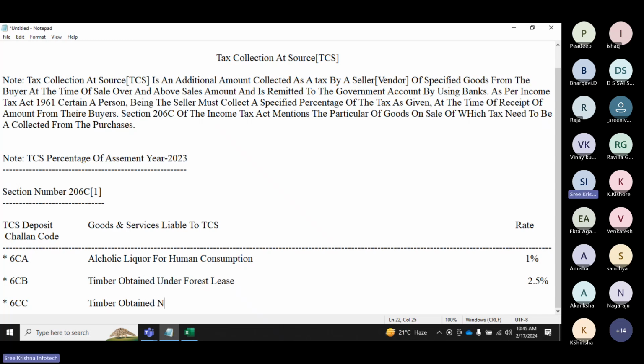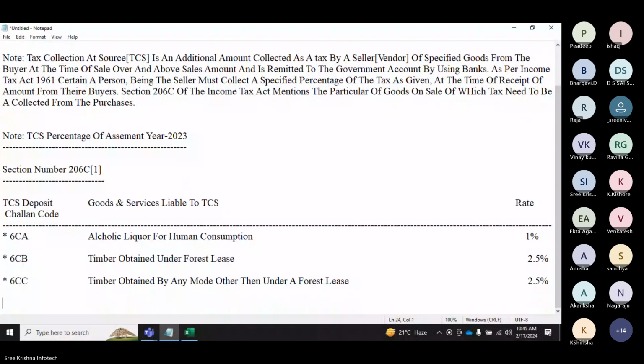Obtained by any mode other than under 206C. D is another act.